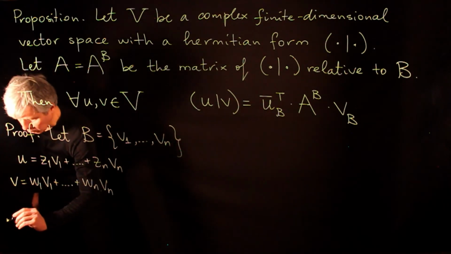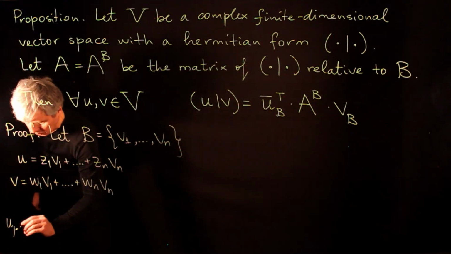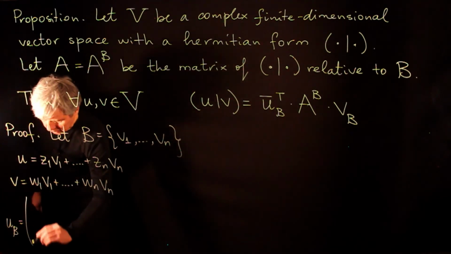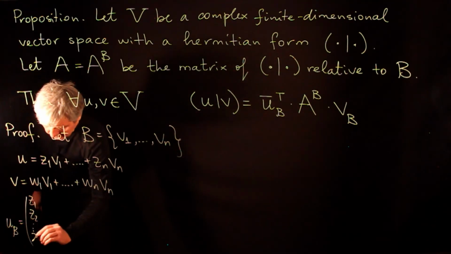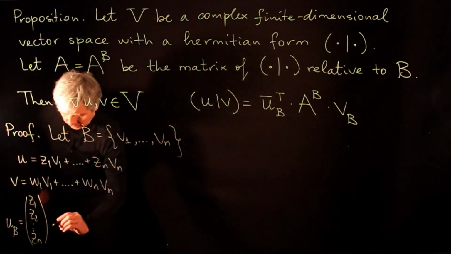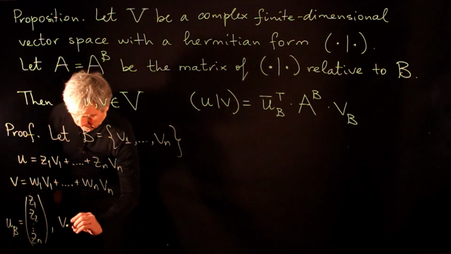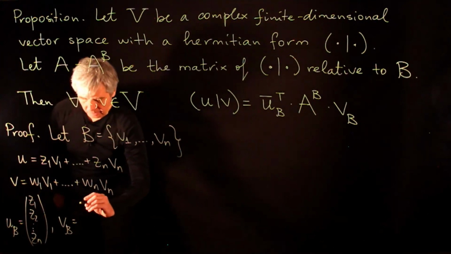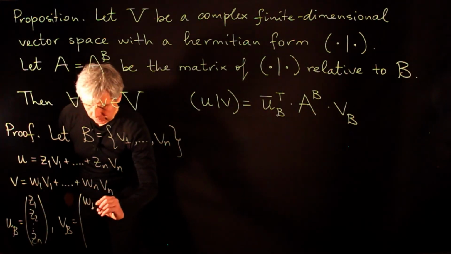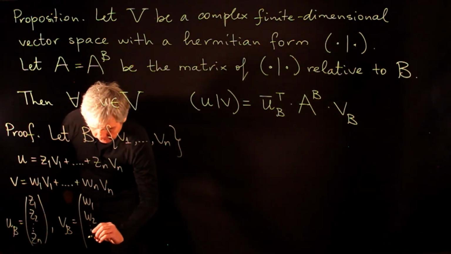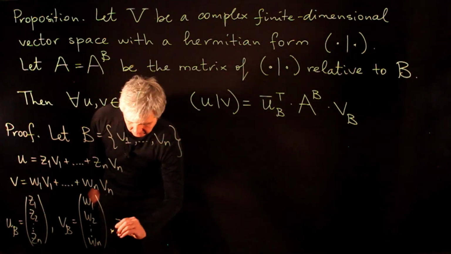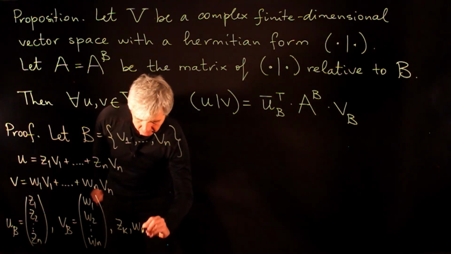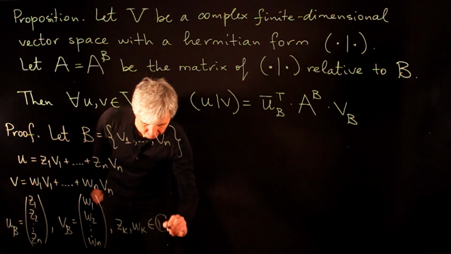This means that the coordinate vector of u with respect to B is z1, z2, ..., zn, and the coordinate vector of v relative to the basis B is the vector w1, w2, ..., wn. And here the zk's and wk's are complex numbers.